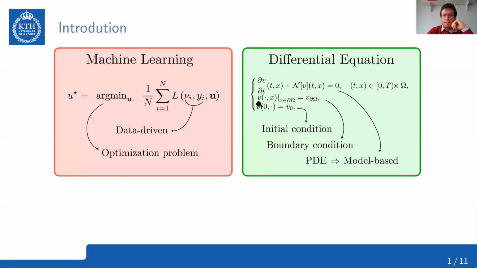The other thing that we have is called a boundary condition. It's the value of the function at the boundaries of omega. Let's say that omega is between 0 and 1, so this is the value of v at x equals 0 and at x equals 1.